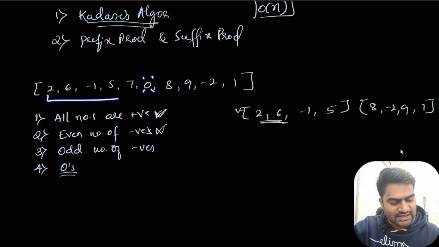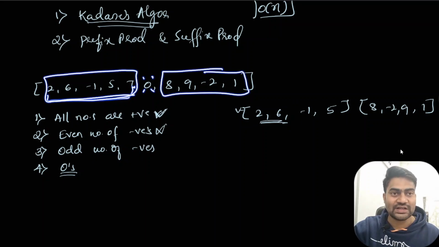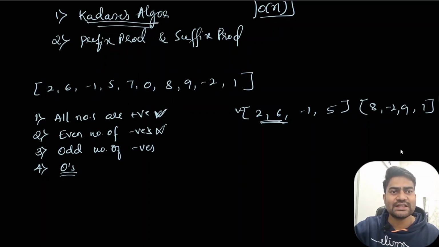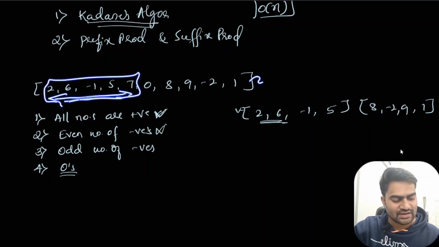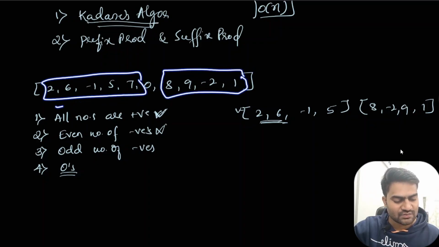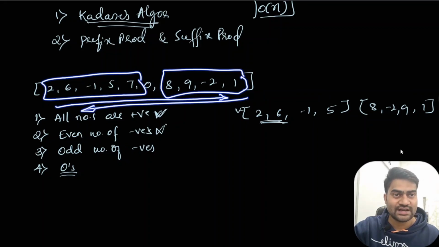So in this case, this becomes our one array. Either our maximum product lies in this particular array or it lies in this particular array. So whenever we come across zero, we will simply reset our prefix or suffix. Here, if we want to find the maximum in this left part and in this right part, once we have to move from left to right, then another time from right to left, correct?